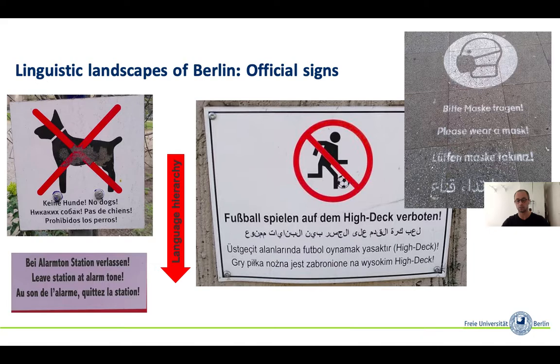If we take a look at the Heideck sign in the middle, you have the German sentence at the very top, and then you have Arabic, and you have Turkish, and you have Polish. Why? Well, very probably because many of the inhabitants of that area speak those languages, and that's why it's functional, so to speak, to use those languages.